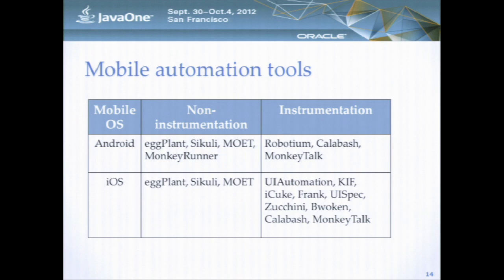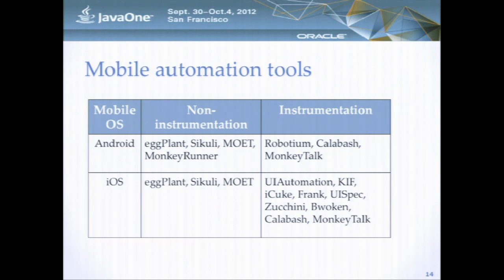The tools available in instrumentation can be grouped by language. They vary from Ruby, Cucumber, and CoffeeScript, and Objective-C, as well as JavaScript, as well as Java. So you can have a choice of different languages that your team is more comfortable with. The only Java-based one is actually Robotium.